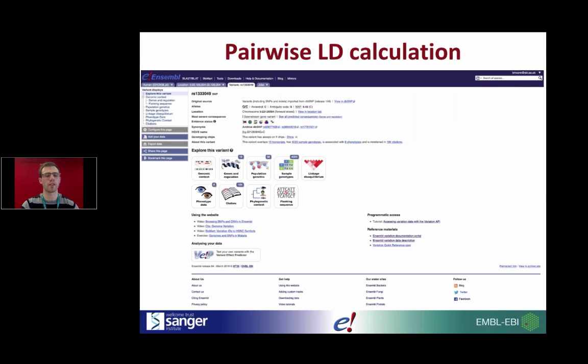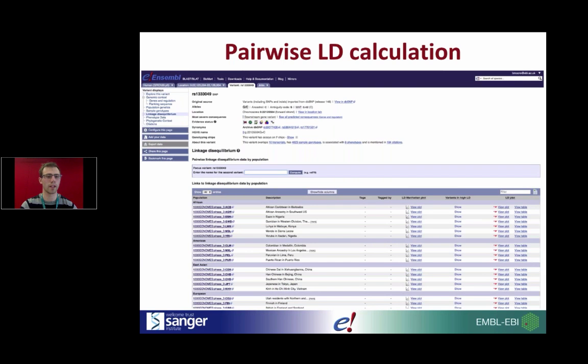So by searching for a variant of interest in Ensembl, you can navigate to the variation page, and you can calculate the linkage disequilibrium to another variant by clicking on the linkage disequilibrium button on the left-hand side of the page. By clicking on linkage disequilibrium, you'll come to a page where you can see at the bottom there is lots of 1000 Genomes project data, and there's also a box where you can insert your variant of interest.